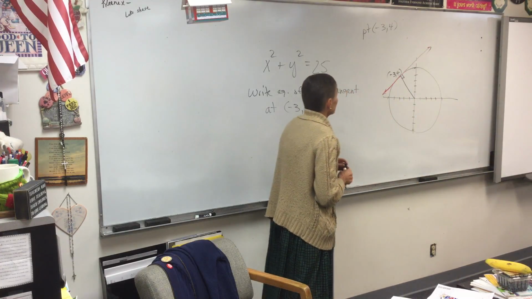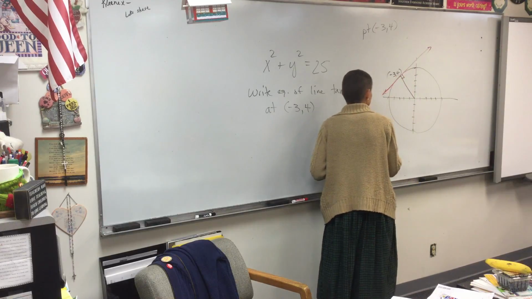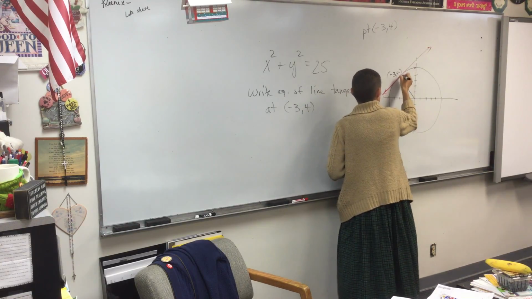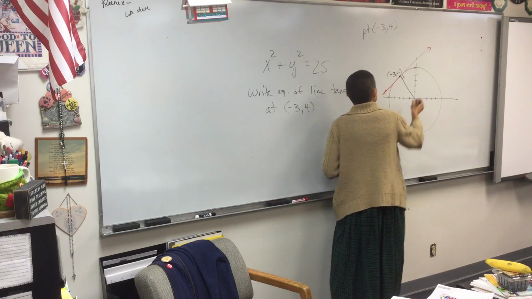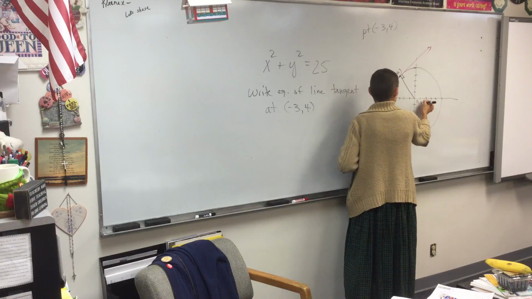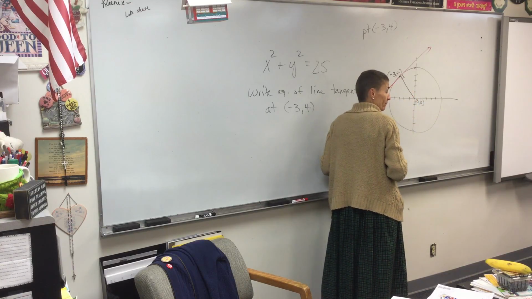Now, can I find the slope of this line? This is a radius. And a radius and a tangent are always perpendicular at the point of tangency. Can I find the slope of this line? Yes, because I know it contains the points 0, 0 and -3, 4.